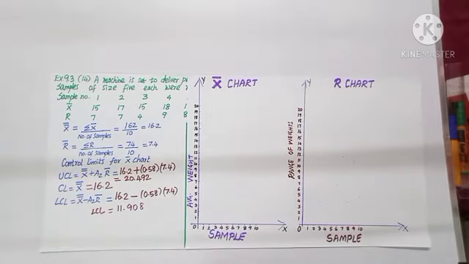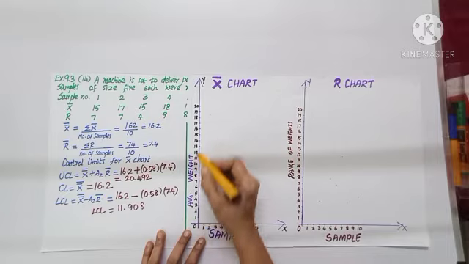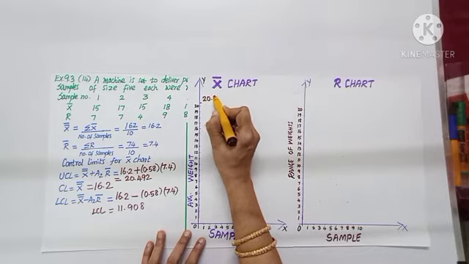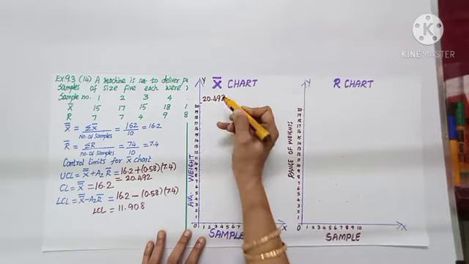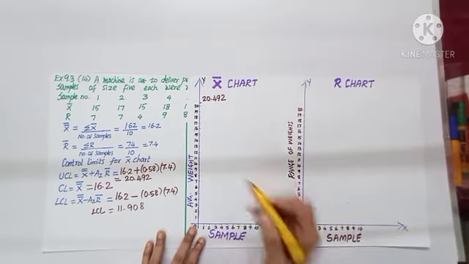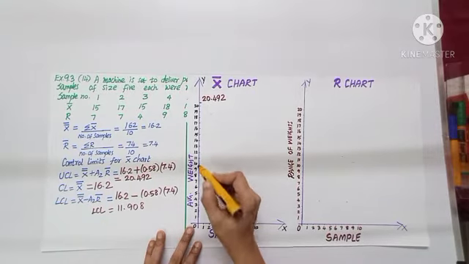UCL is 20.492, so 20.5. We can mark 20.5. It will be somewhere here. Draw a line to mention 20.492. LCL is 11.908.